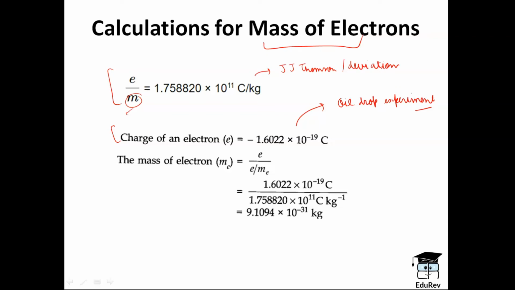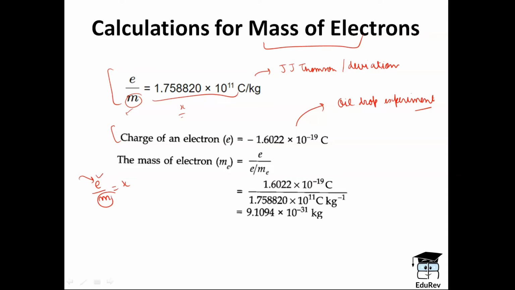Some simple calculations were done. Let this value be x, and we know this value, which is 1.758820 into 10 raised to the power 11. So let e by m be x. We have the value of e also from the oil drop experiment method.